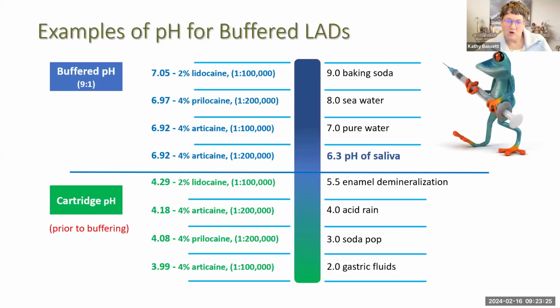On this chart, in the lower left in the green numbers, that is as is in the cartridges. So that's how low the pH is. And note that all of those drugs in their normal pH in the cartridge are acidic enough to cause demineralization of enamel.